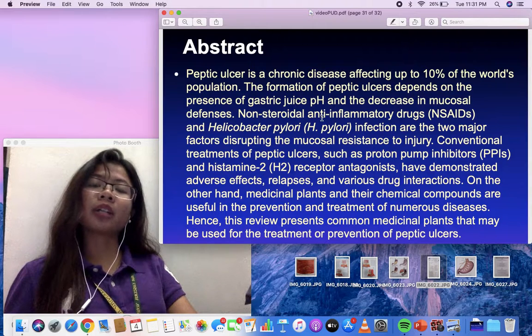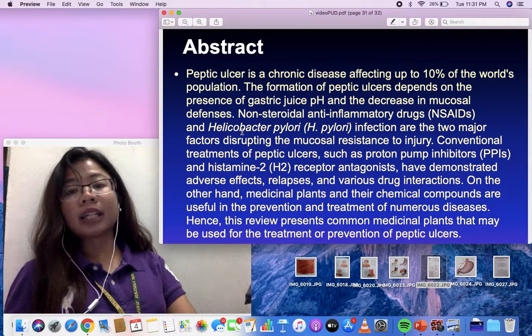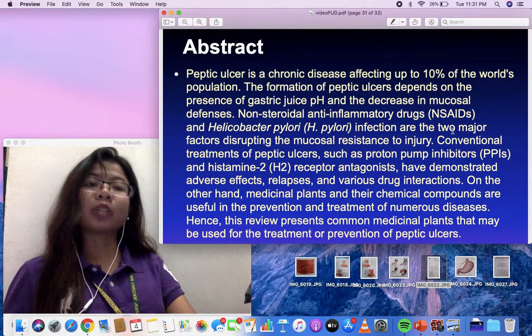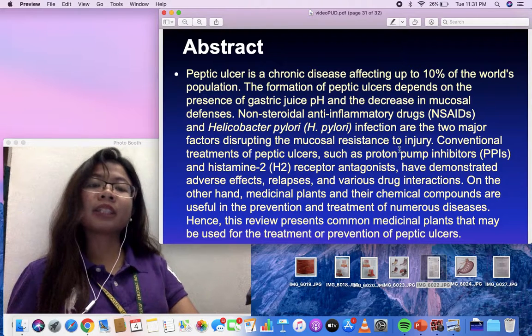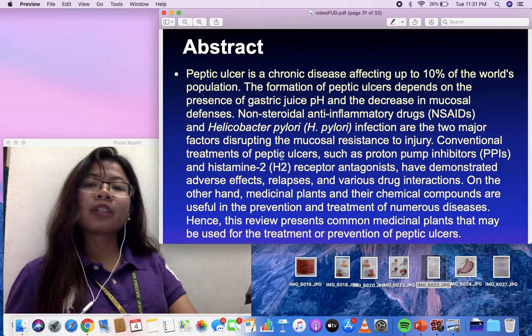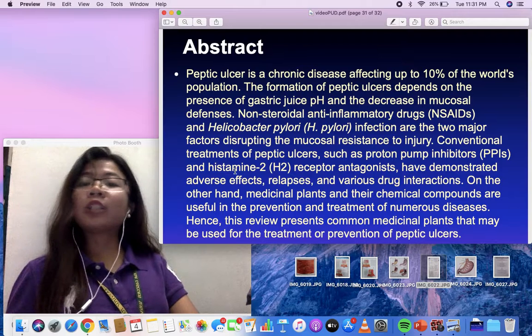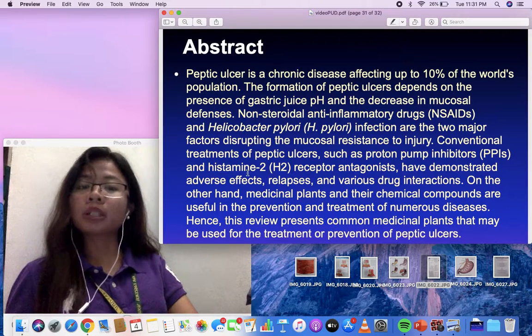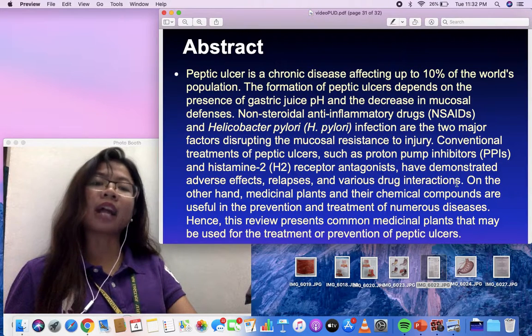NSAIDs, or non-steroidal anti-inflammatory drugs, and H. pylori, or Helicobacter pylori infection, are the two major factors disrupting the mucosal resistance to injury. Conventional treatments of peptic ulcers such as PPI, or proton pump inhibitors, and H2, or histamine 2 receptor antagonists, have demonstrated adverse effects, relapses, and various drug interactions.